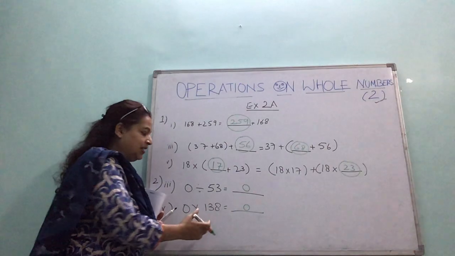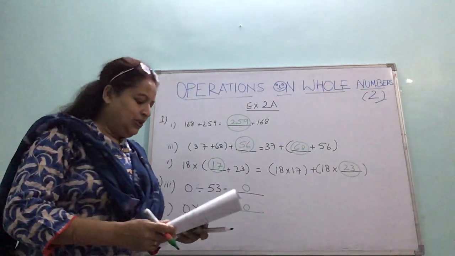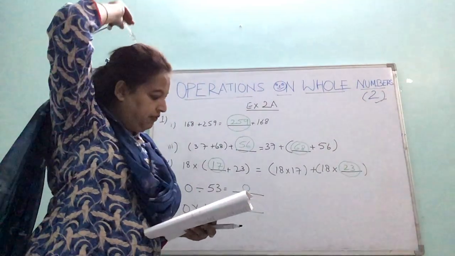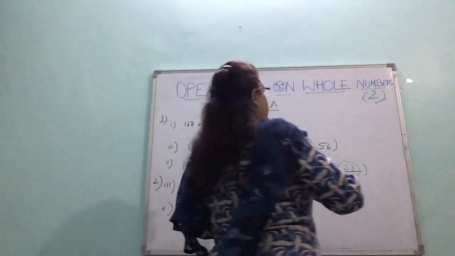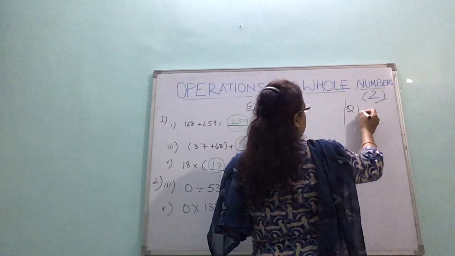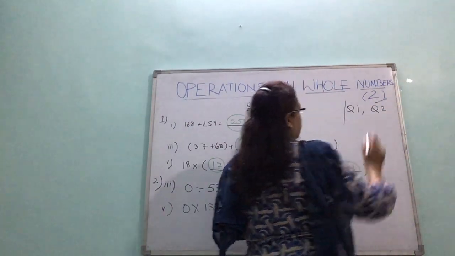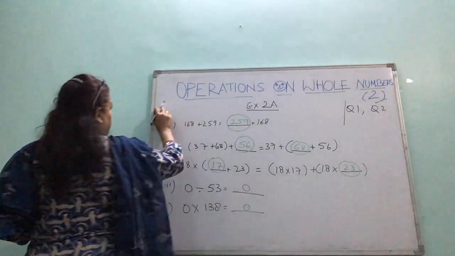Every time nothing is there, what is the result? 0. Okay, so questions 1 and 2 you will be doing. I am writing assignment here so that you remember this exercise. Question 1, question 2. Okay, as I do, I will be writing it. Let's go further.